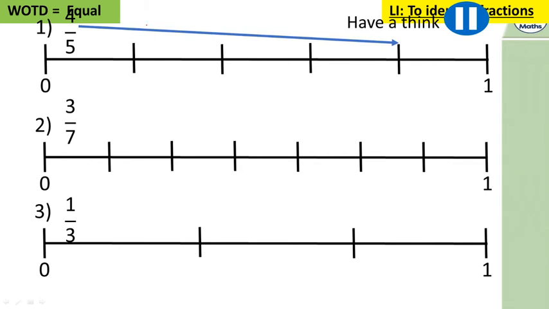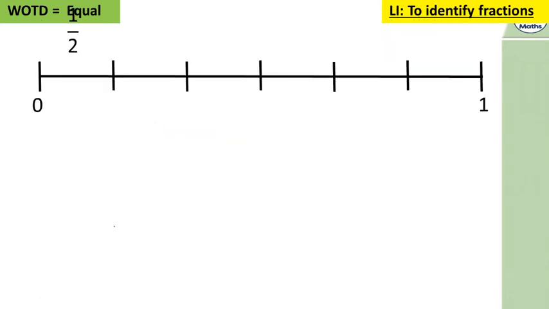So we have 1/5, 2/5, 3/5, 4/5 there. 3/7, this is split into 1, 2, 3, 4, 5, 6, 7 equal parts. So we have 1/7, 2/7, 3/7. And here, this is 1/3 because it's split into 3 equal parts, and we have one of them there. So 1/3 there.